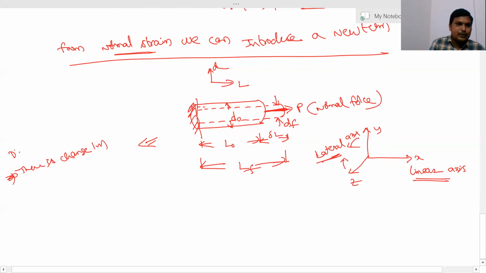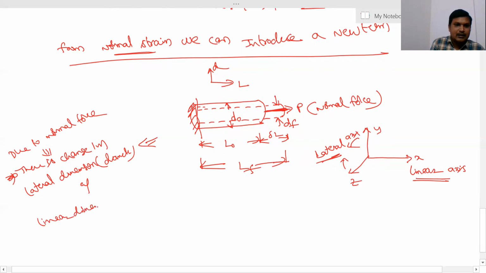So due to the normal force, there is a change in lateral dimension, that is diameter, and linear dimension, that is length.